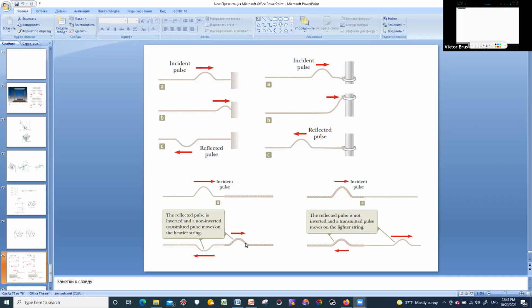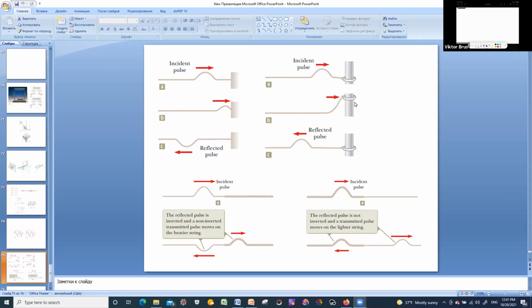Another thing that should be taken into account is the case when we have an incident pulse originally created in this heavier string. So in the medium where the speed of spreading of this pulse is lower in comparison to the other medium, which is attached at some point. So in this case, we also have reflected and transmitted pulses.